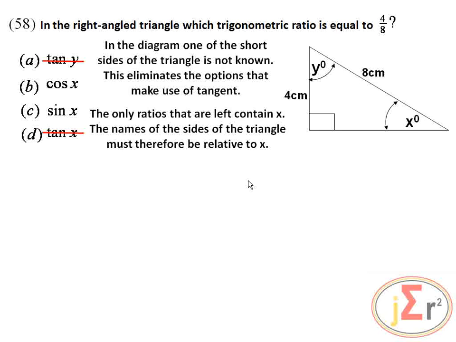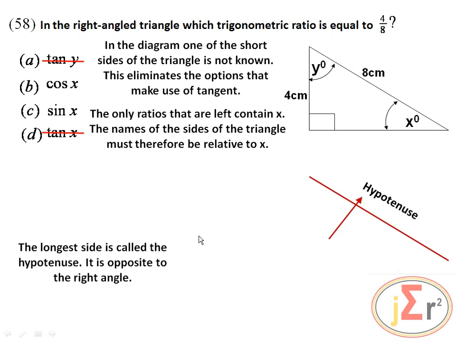The only ratios that are left contain x. In the other options we have cos x and sin x. That means the sides of the triangle must be given names relative to x.